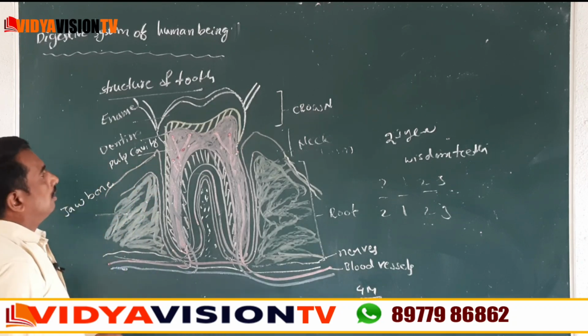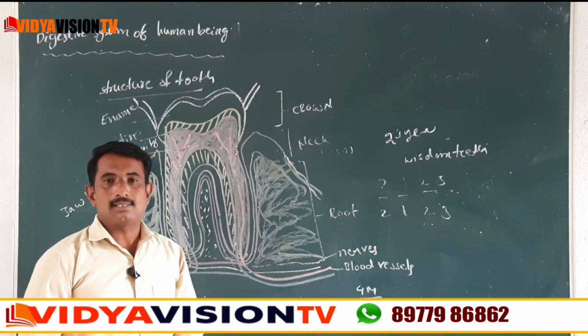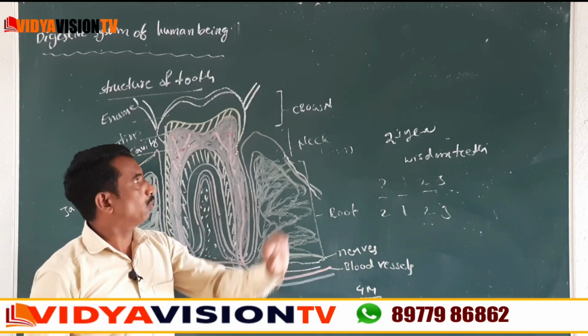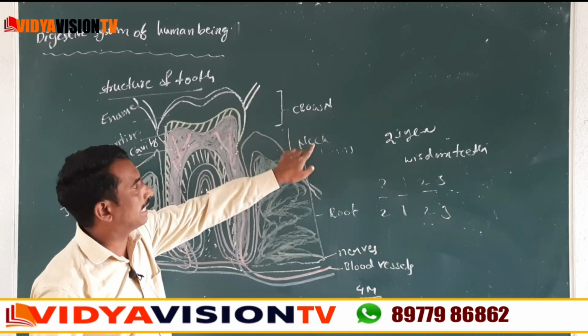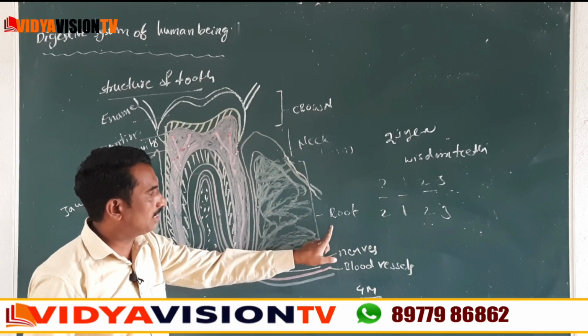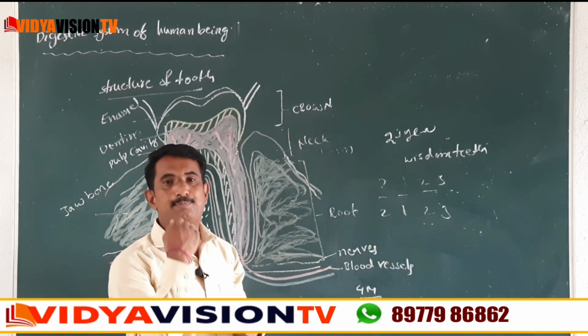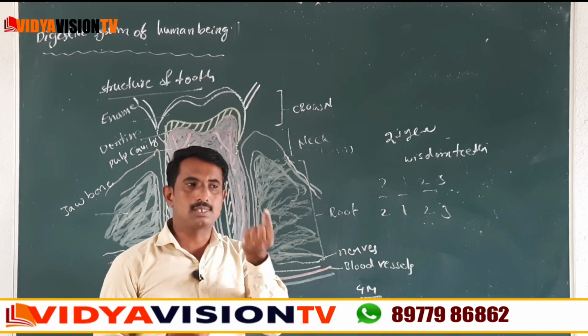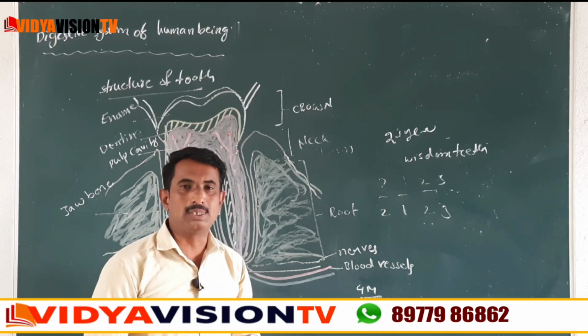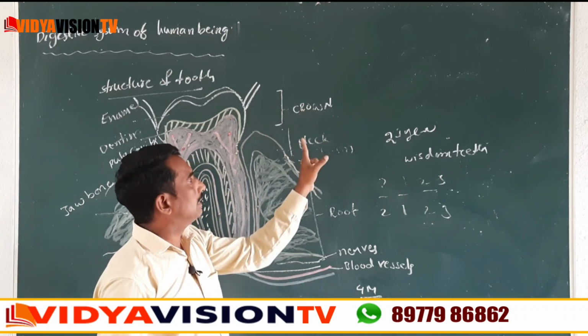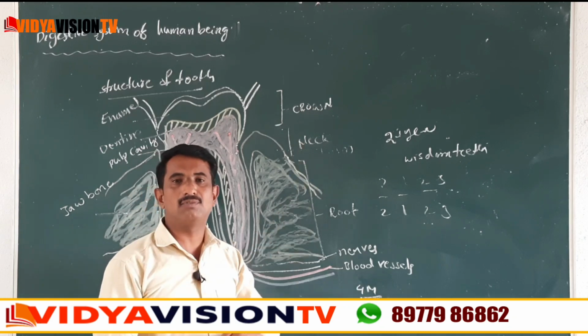Now the structure of a tooth has mainly 3 parts: one is crown, second one is neck and third one is root. The crown is the exposed part, the outside exposed part of the tooth. Neck is the middle part of the tooth.